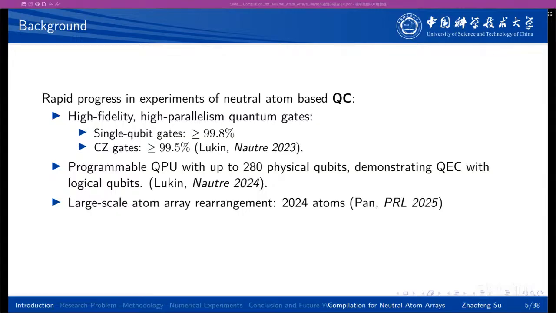Harvard University developed programmable quantum computing with up to 218 physical qubits, and also demonstrated quantum error correction with 14.8 logical qubits. Recently, we cooperated with Professor Pan from USTC to realize the rearrangement of an atom array of 2000 atoms.